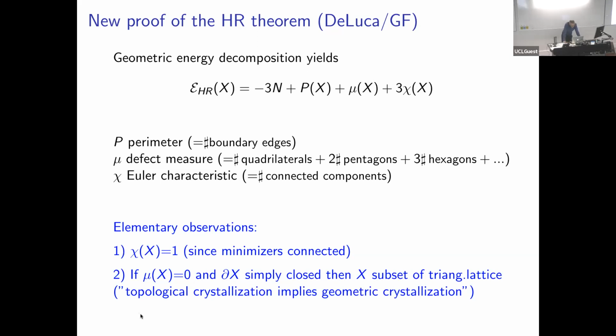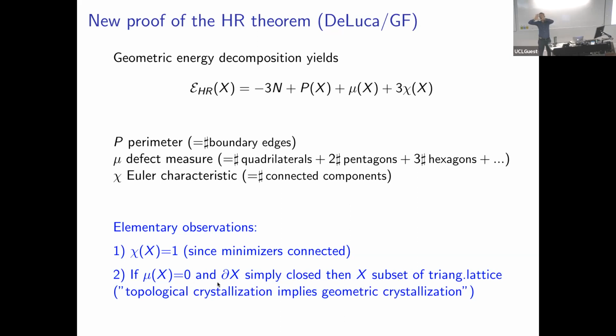The second thing, and that's a simple thing: if there's no defect, so all faces are triangles, and the boundary of the configuration is a simply closed curve, then the configuration is a subset of the triangular lattice. That's a simple fact. Because in this case a triangle means all equilateral, all distances are 1.